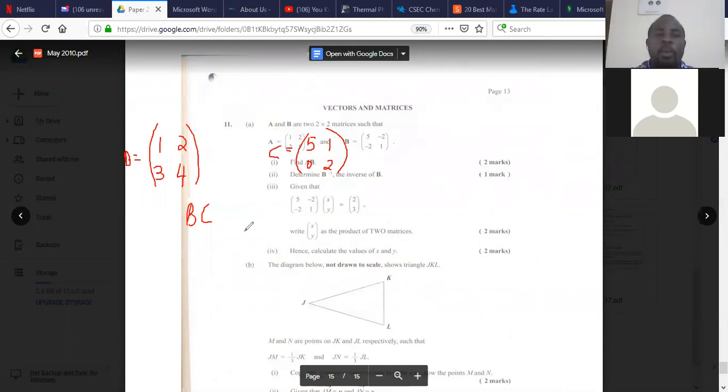So, talk about how you would multiply these matrices now. Both are 2 by 2. So I have the 2 by 2 over there and a 2 by 2 over the other side.